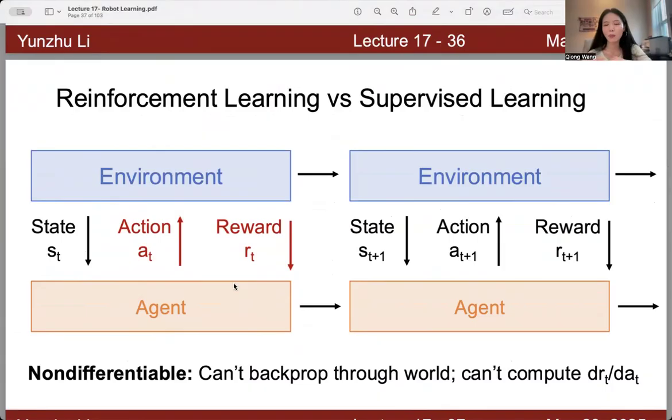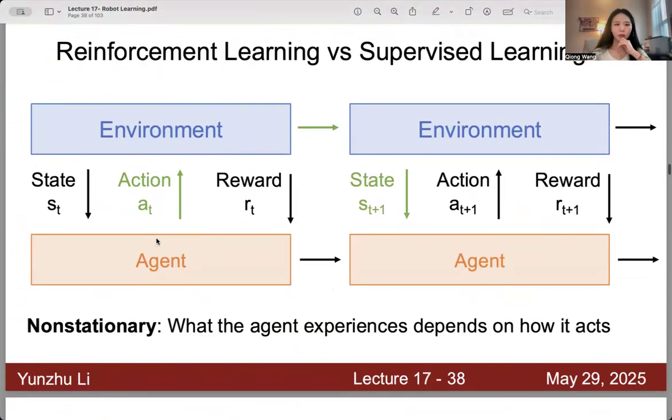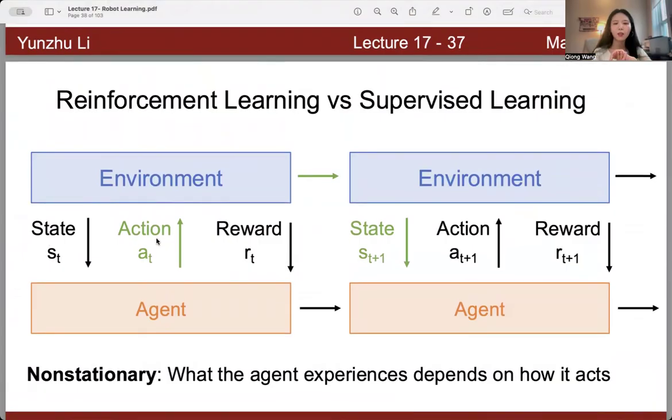It cannot compute dR_t or dA_t directly. And what the agent experiences depends on how it acts.